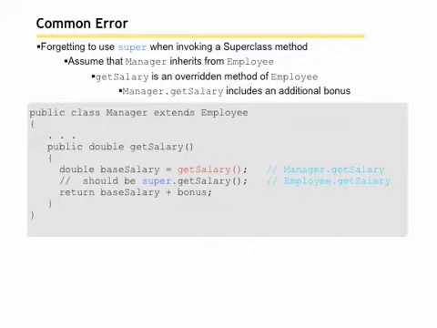If we say public double getSalary, double baseSalary equals getSalary, well, wait a second, which getSalary is being called in that line? It's calling the getSalary method that it is in. So it's going to call itself, and it's never going to end. That's called infinite recursion, and recursion is a topic we haven't gotten to yet. So you don't want it calling itself. You want to call it in the superclass. So you have to say super.getSalary.